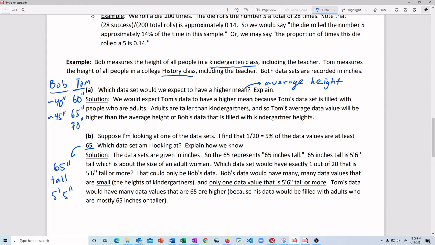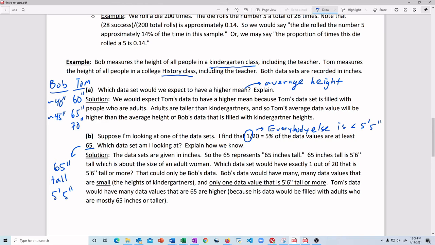Okay. So what is this saying? It's saying only one person got to 5'5". Everybody else was shorter than that. So what this really is saying is that everybody else, besides the one person, is shorter than 5'5".